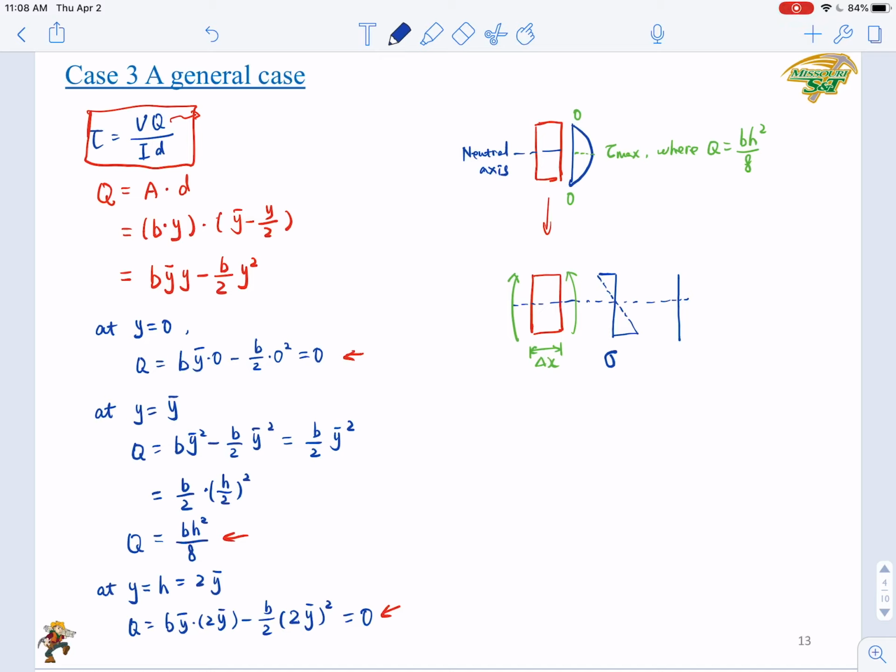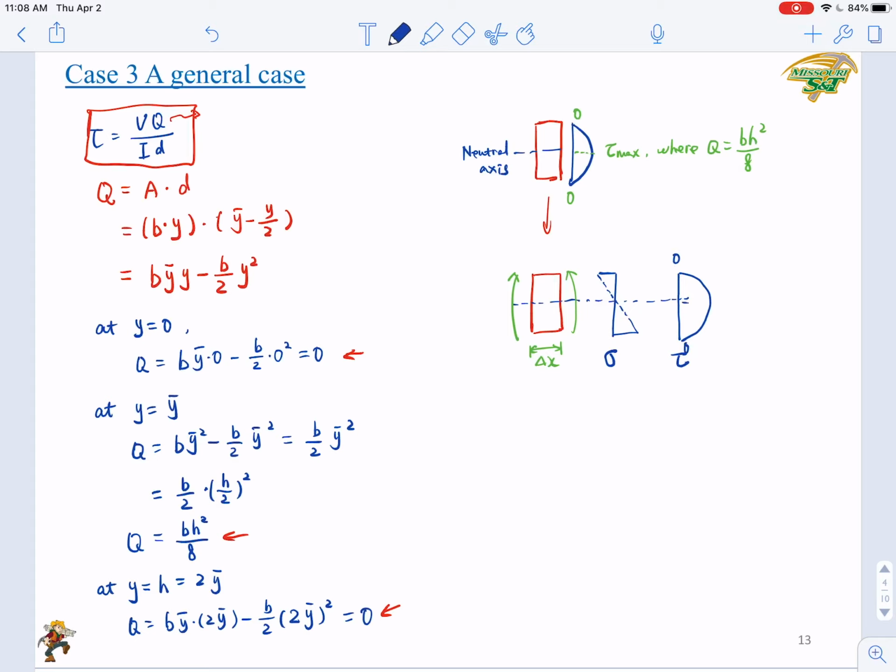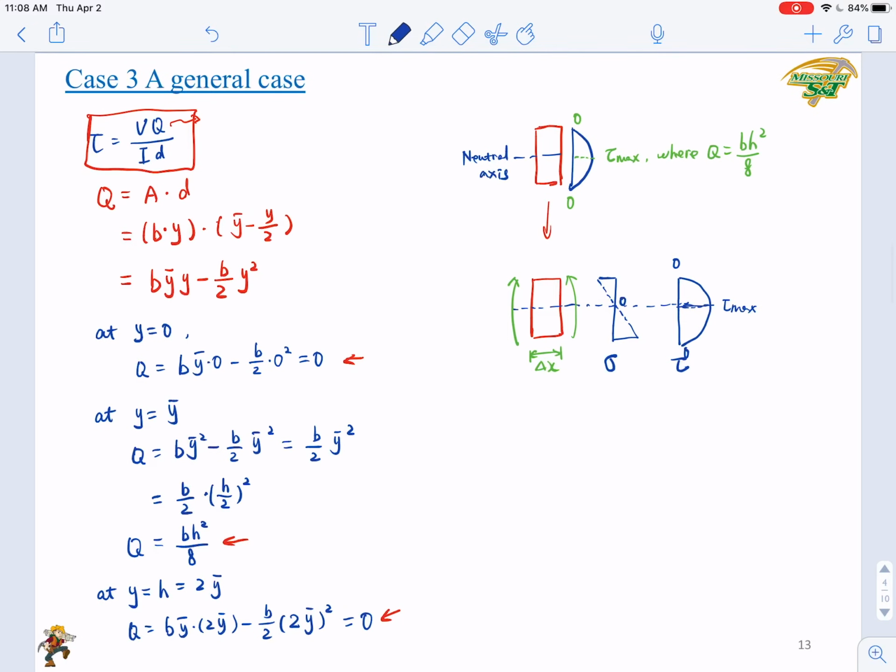Right, then the distribution of tau, as we just analyzed, it will be 0, 0, maximum value at the neutral axis. Right. Now here you have 0 value and maximum compression, maximum tension.